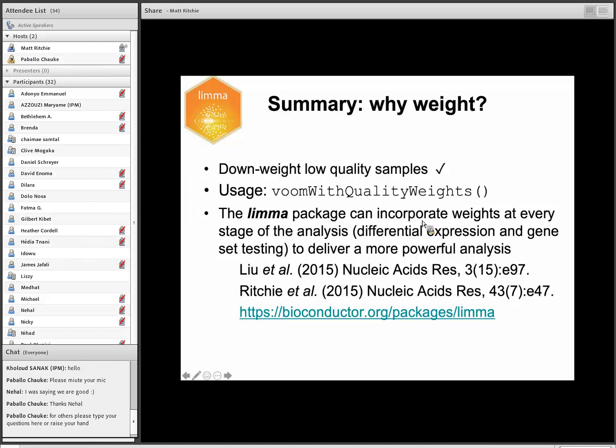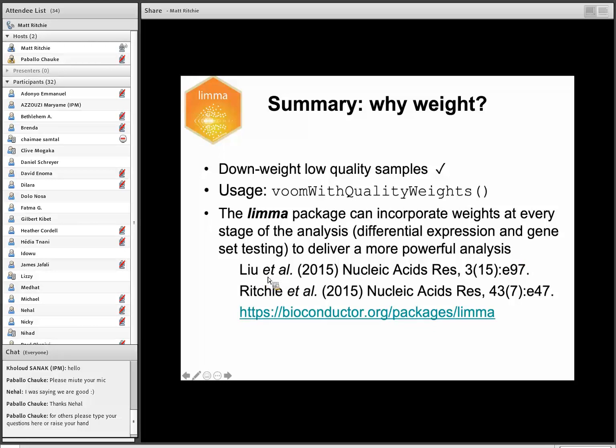And the nice thing about limma, as I mentioned earlier, is that it can incorporate these weights at every stage of the analysis. So in the differential expression analysis and also in the gene set testing, which is quite a unique feature. And this delivers more power, so ideally more significant results that you can pass on to your collaborators.